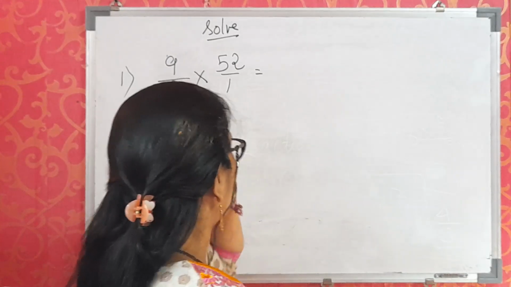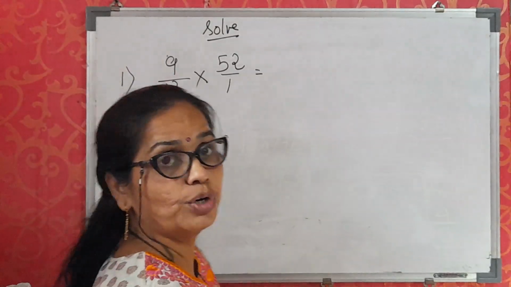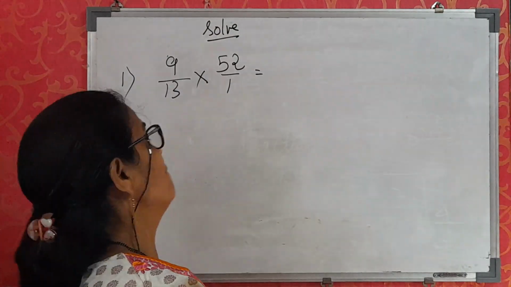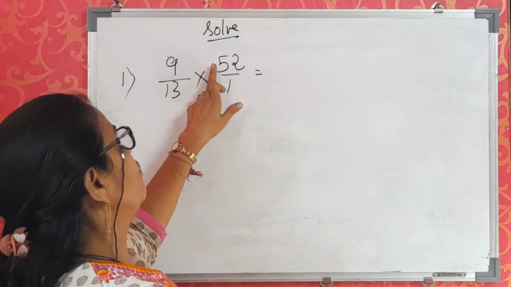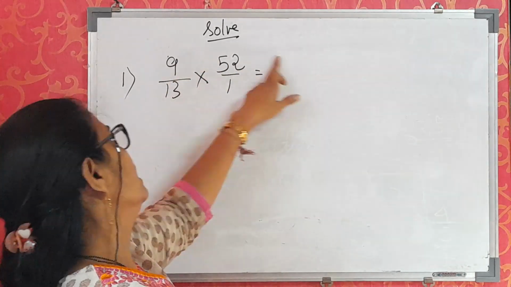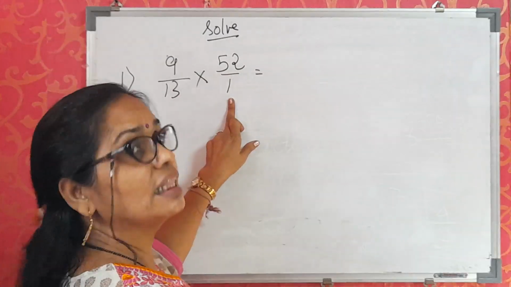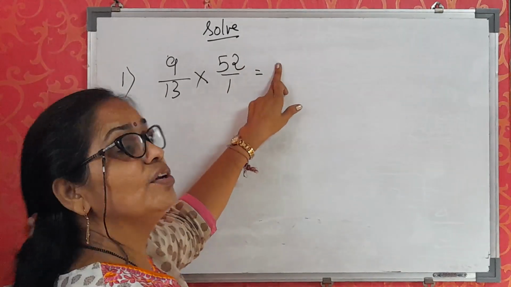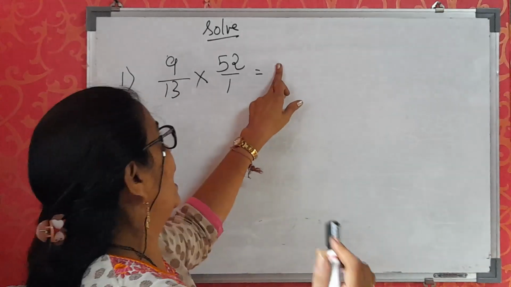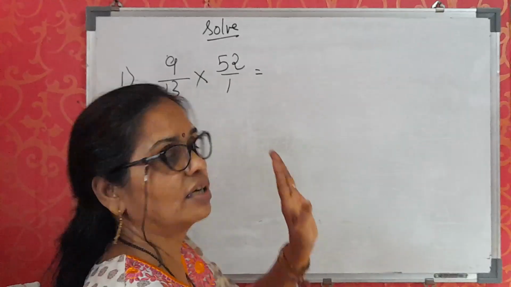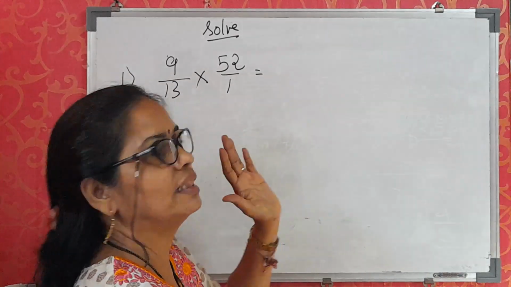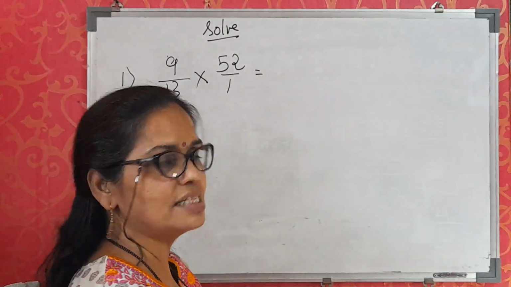And I told you that time also, you have to reduce it to the lowest term. But here in multiplication, what are we doing? Here you can do 52 multiplied by 9, divide by 13 ones are 13 also. But that again you have to reduce it and bring it to lowest term. So that becomes donkey work. So in a simple method, we will do the cancellation.